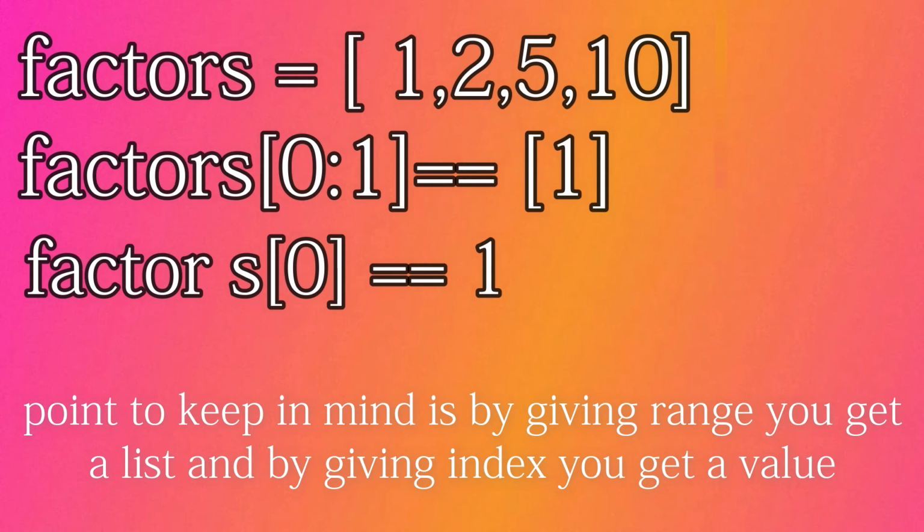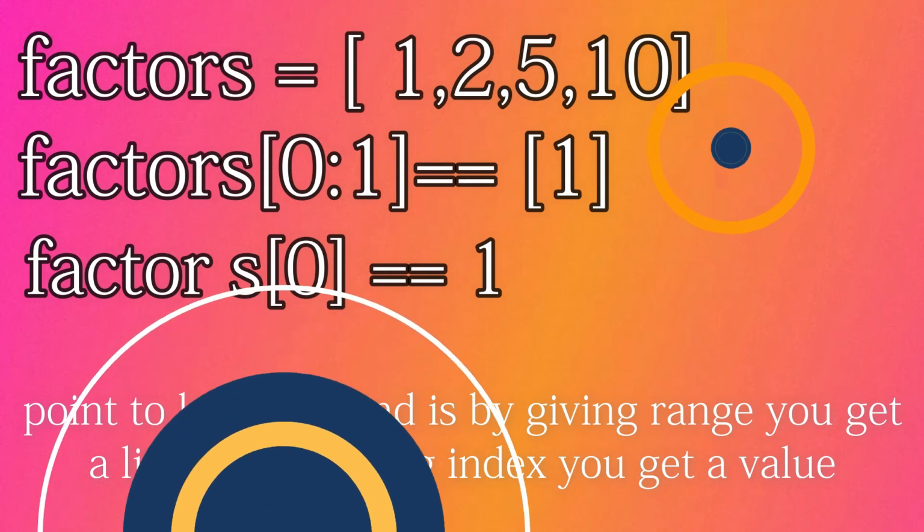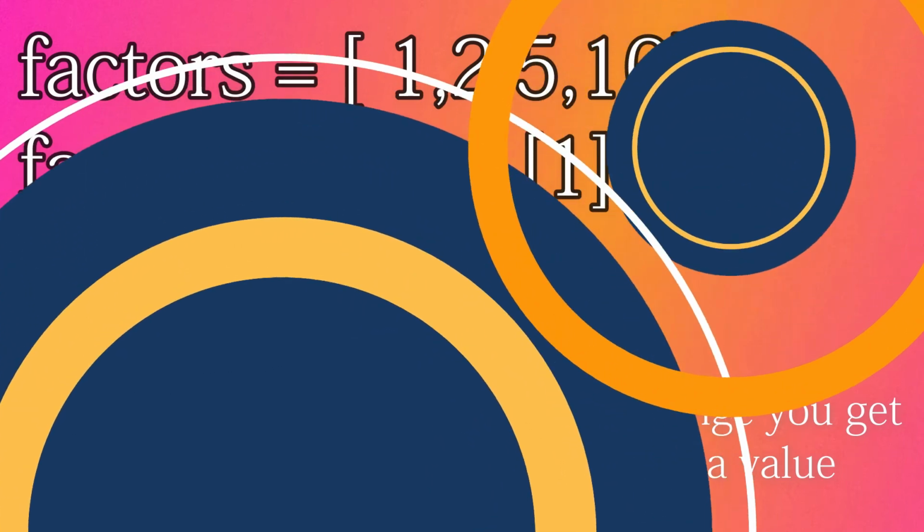But if you're giving a range rather than an index, you are going to get a list containing the values which exist within that range. Keep this in mind that whenever you extract from a list by using a range, you will always get a list.